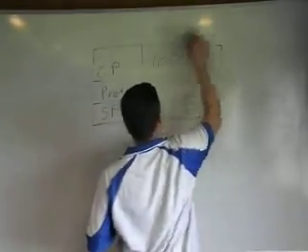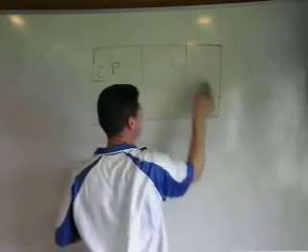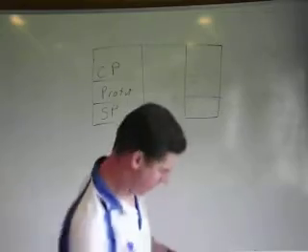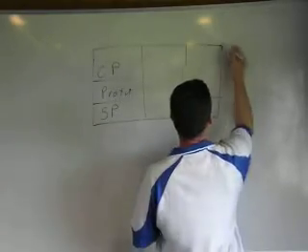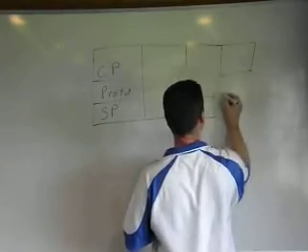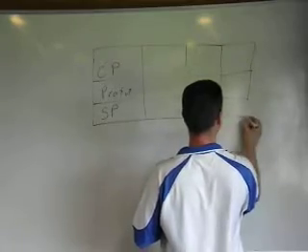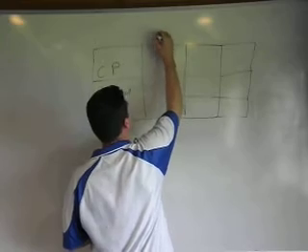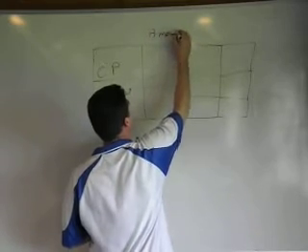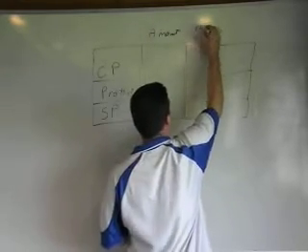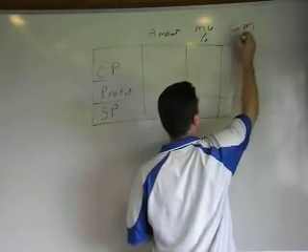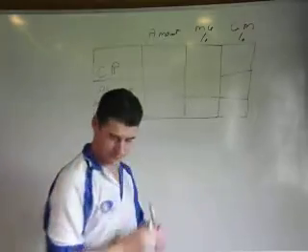I need 3. Alright, so this will be the amount. This will be your markup percentage. And this will be your gross margin percentage.